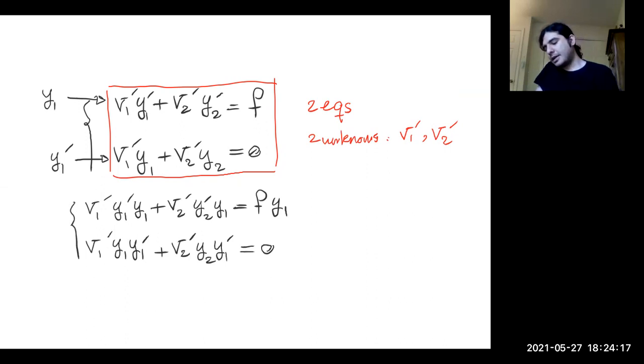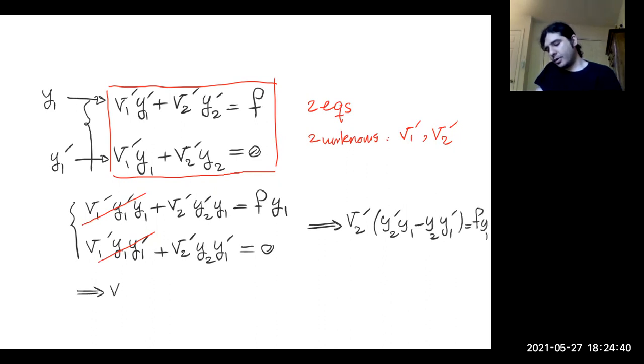So if I subtract the second equation from the first, these two terms would cancel. And we can factor v2 prime, so we would get v2 prime times (y2 prime y1 minus y2 y1 prime) equals f y1.